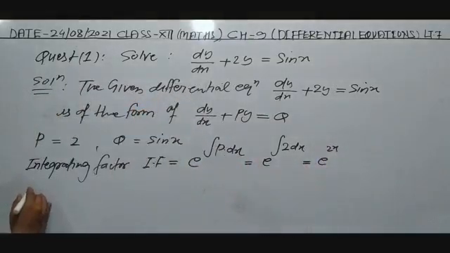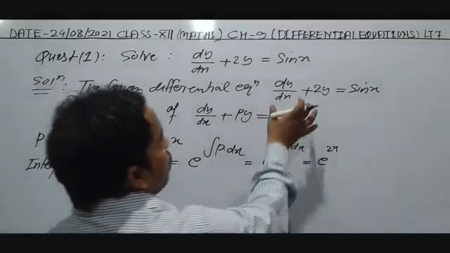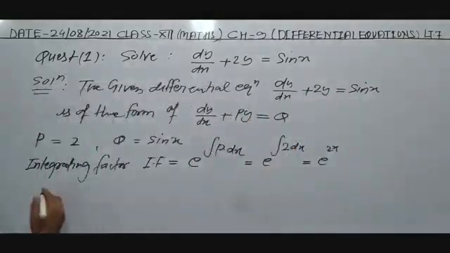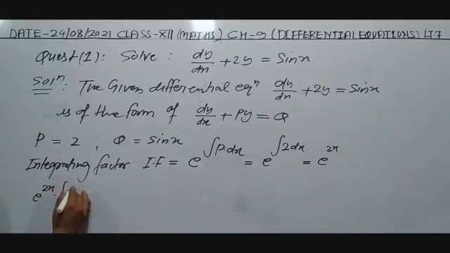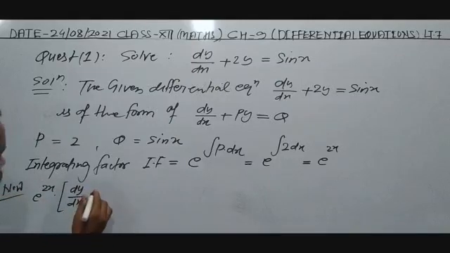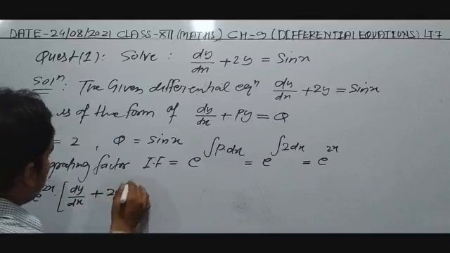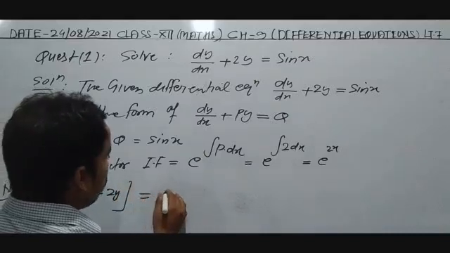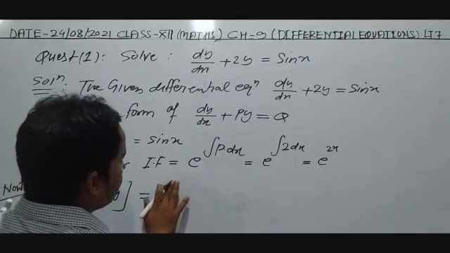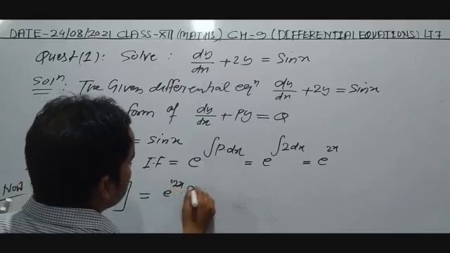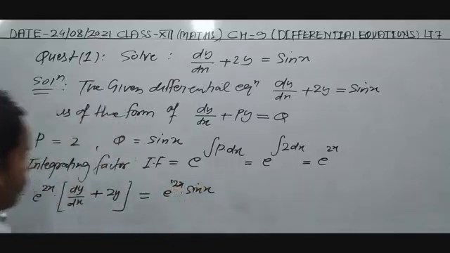This is the given differential equation. Then multiply both sides by e to the power 2x: e to the power 2x dy by dx plus 2y is equal to e to the power 2x with sin x.